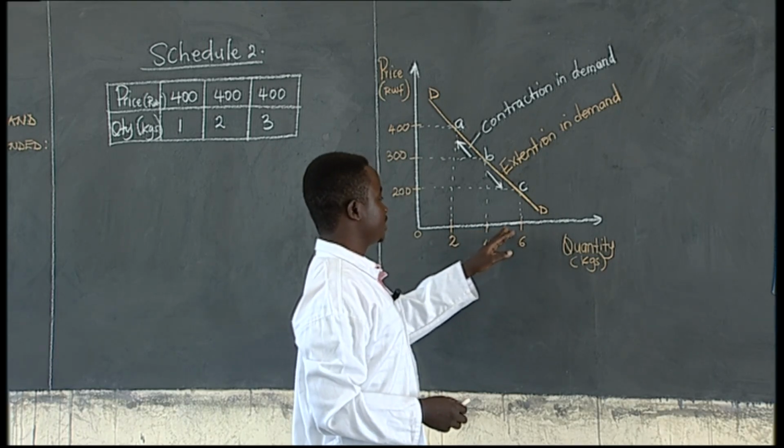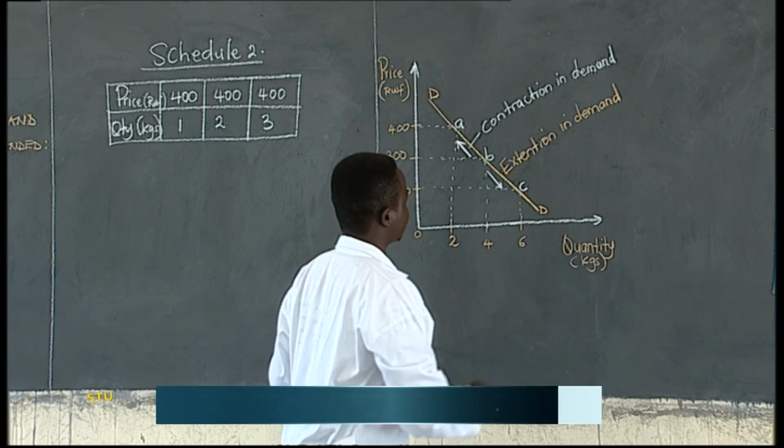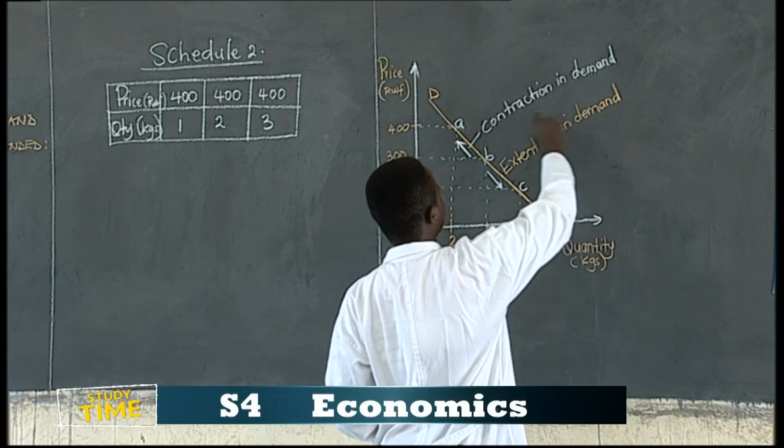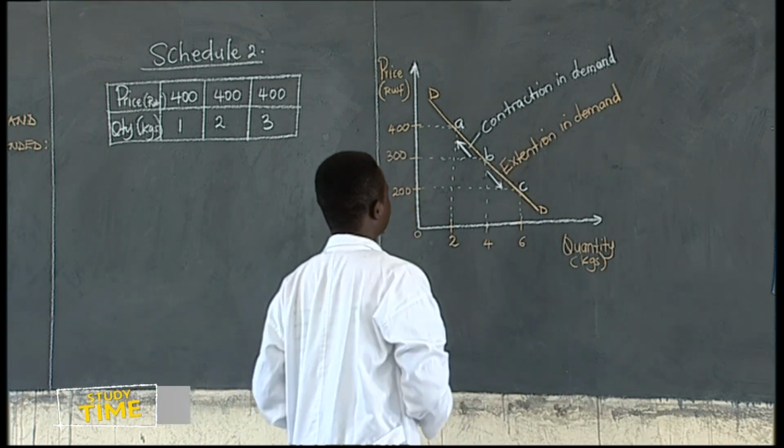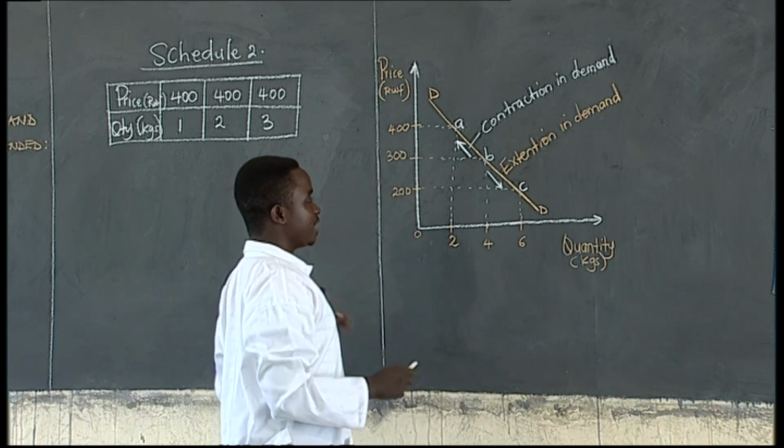So it increased by 2 units. So there is an extension in demand. Here there is a contraction in demand because quantity demanded reduced in response to the price increase.